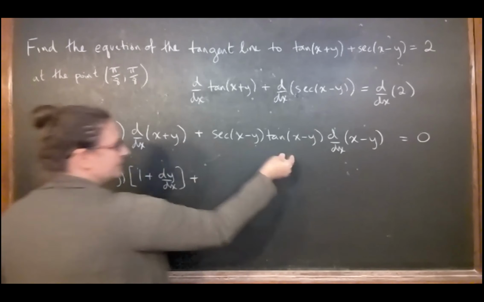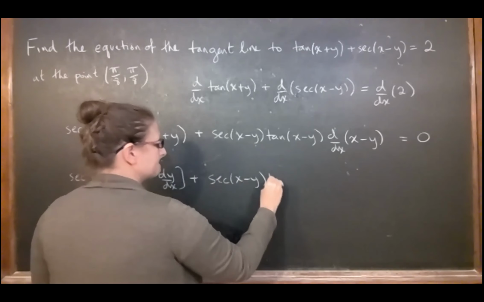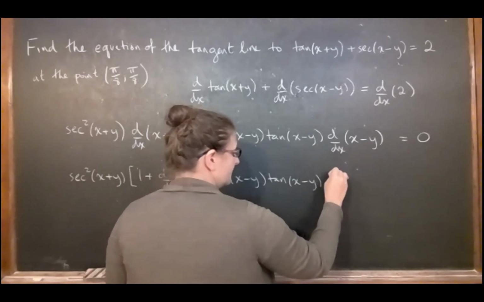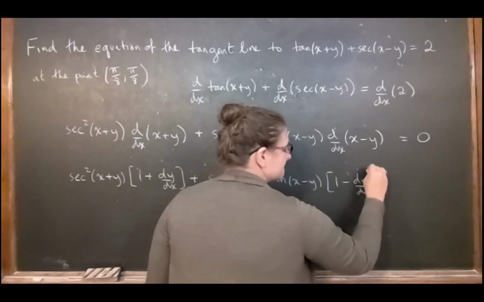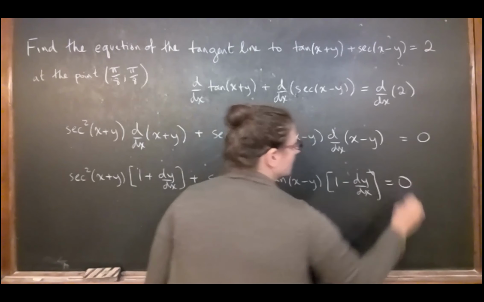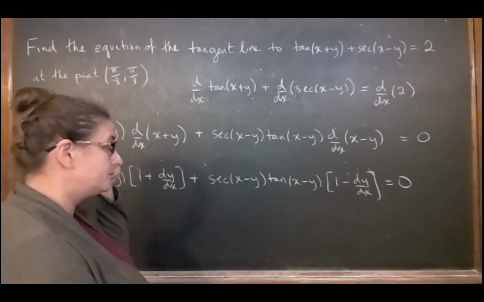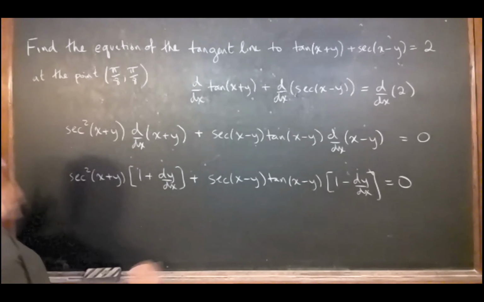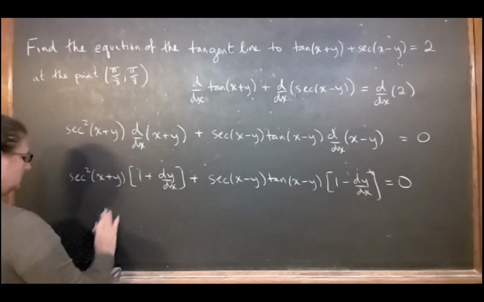And then here I have to recopy all that. And then the derivative here is going to be 1 minus dy/dx is equal to 0. So I can solve for dy/dx. I could also just plug in the points and solve, but I'm just going to solve and then plug in the points because that's how I do it.